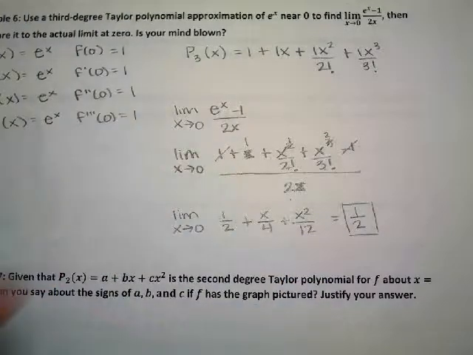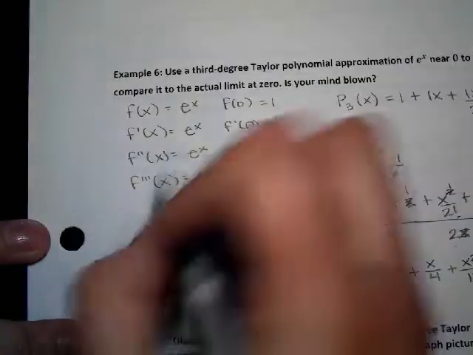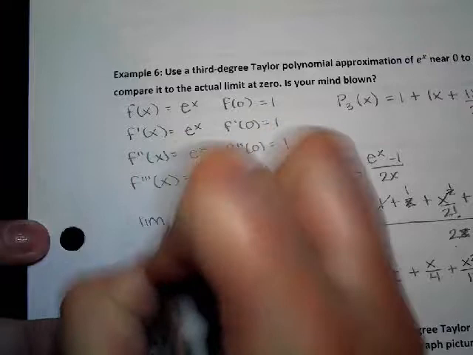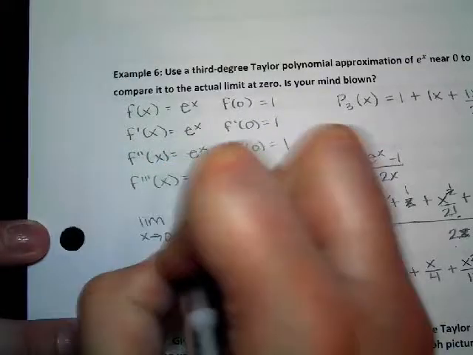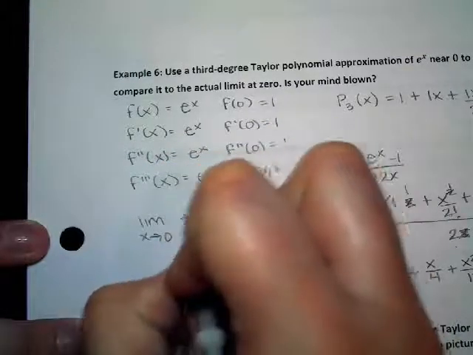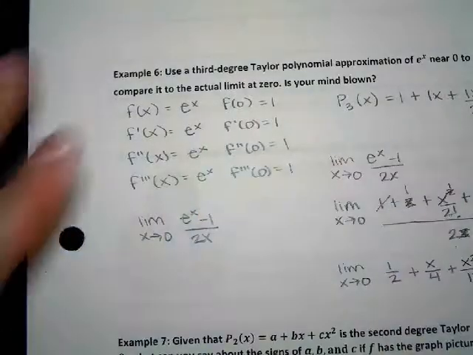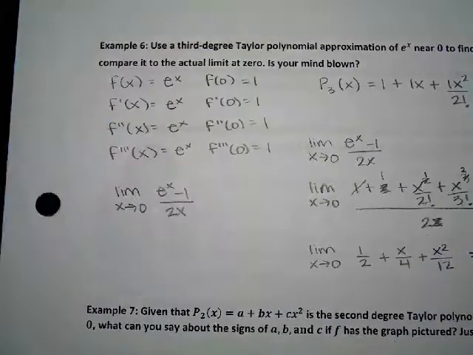Now let's throw away this unit. Let's go back to how we would have done this problem if we had never done this unit before. Okay, so let's go back to the original problem. We've got the limit as x approaches 0 of e to the x minus 1 over 2x. And if we had seen this problem and we had not done this unit before, what would we have done?